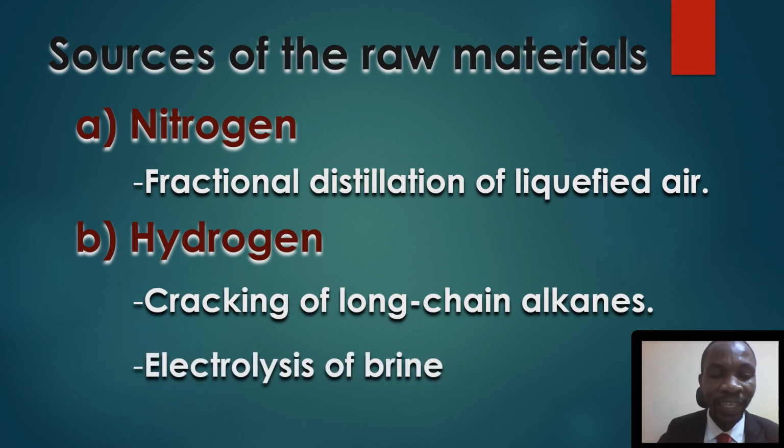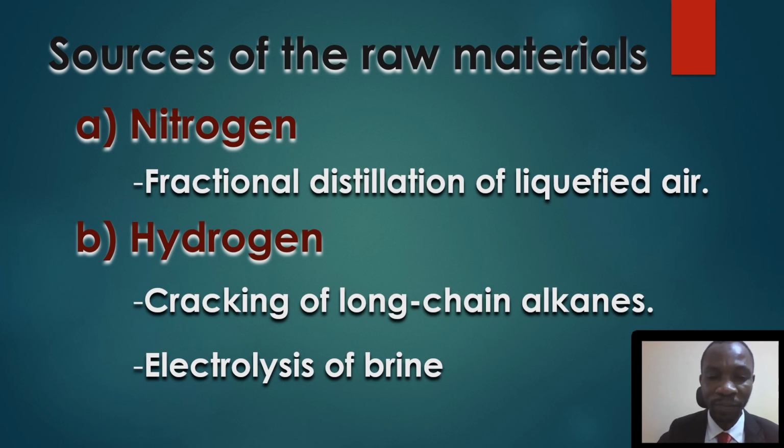The second one is electrolysis of brine. So what is electrolysis of brine? Brine is a concentrated sodium chloride solution. Electrolysis of this solution is simply passing an electric current through the solution.